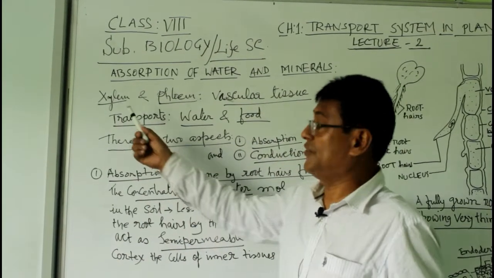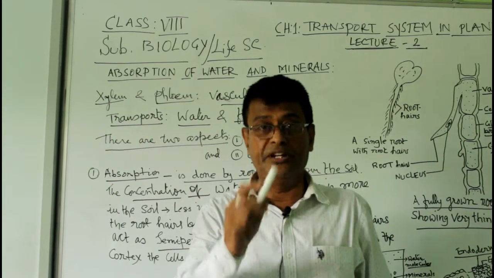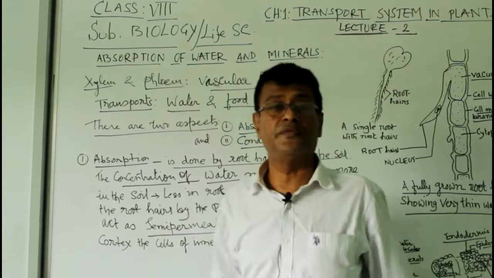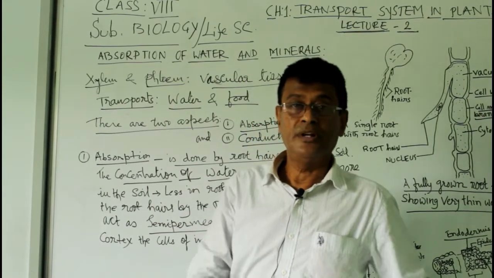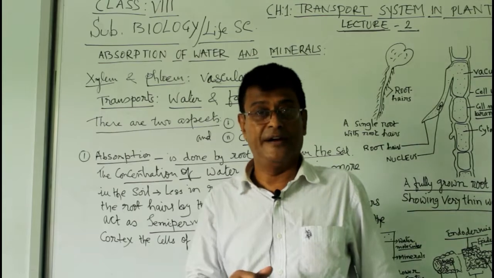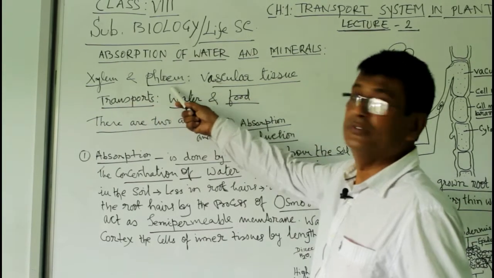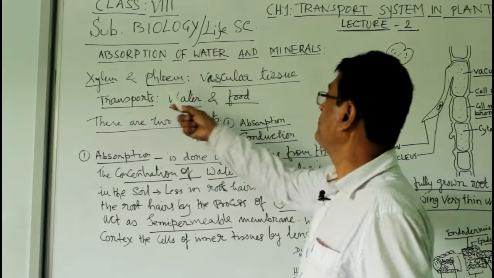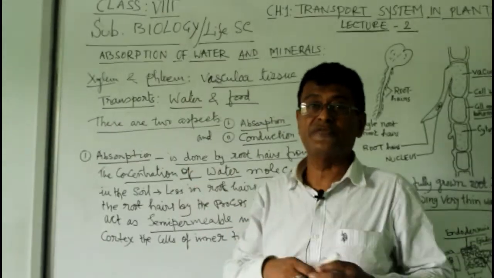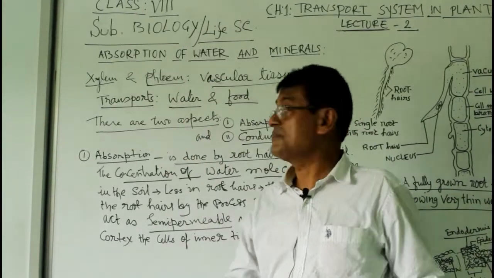Xylem is responsible for the upward conduction of the water along with the minerals, which is known as the sap, while the phloem is responsible for taking the prepared food from the leaves to all parts of the plant. These two tissues together make the vascular tissue. They are formed in bundles, so they are known as vascular bundles.